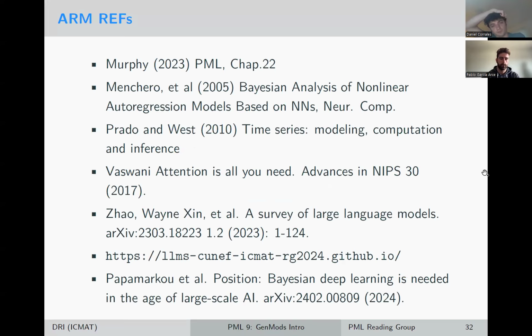Hi. Thanks for the talk. I'd like to ask also, related to Pablo's question, what do you think in-context learning has to say in this Bayesian perspective on defending against attacks for LLMs?